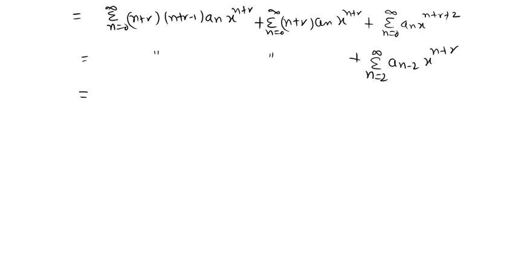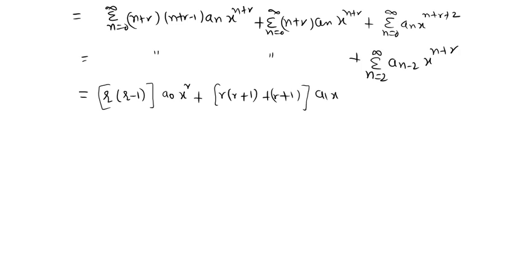So now write the terms for n equal to 0 from the first two terms, and then write for n equal to 1, and the rest of the terms can be clubbed together, 2 to infinity.